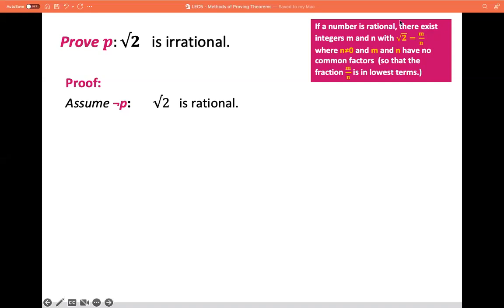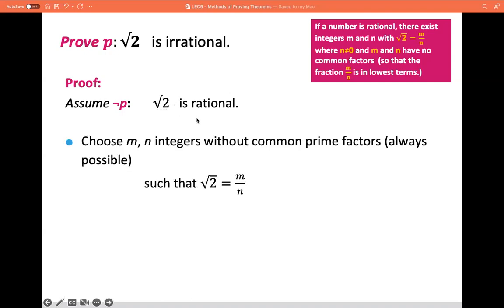Again, by contradiction, we first assume not P, and hopefully prove that not P is false. Not P states that square root of 2 is rational. So square root of 2 is equal to m over n, where n must not be equal to 0, and m and n should have no common factors.